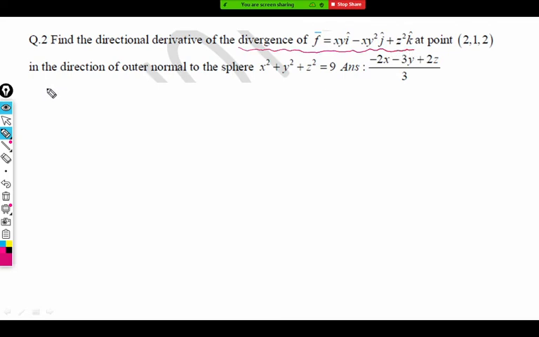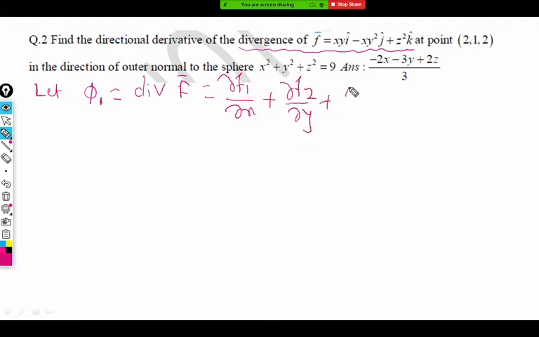Now the divergence of f, I will denote like this. Let phi 1, you can take just phi also, be the divergence of f bar, which is ∂f1/∂x plus ∂f2/∂y plus ∂f3/∂z.